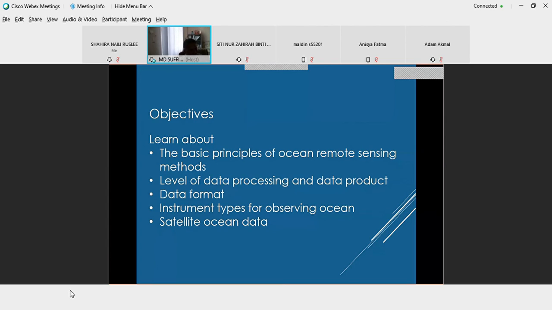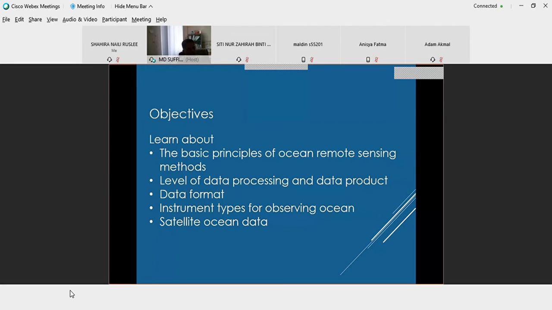So bila you download data tu, you nampak dia kadang-kadang ada level 0, level 1, level 1A, level 1B. So you kena tahu, okay, apa maksud dia. Kadang-kadang ada level 2, level 3 dan juga level 4. So that one is a process data lah. Dia ada raw data, dia ada process data. So you tahu mana satu yang you nak download. Sebagai contoh, kalau you nak download data, katakan daily data, you kena pergi kepada level berapa.